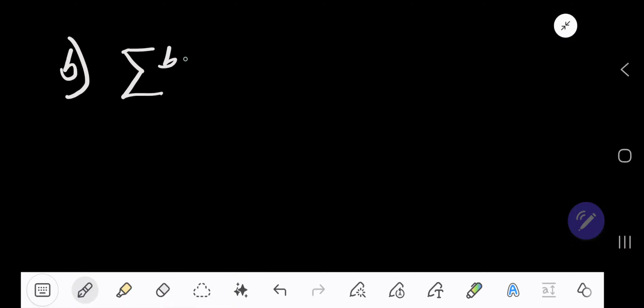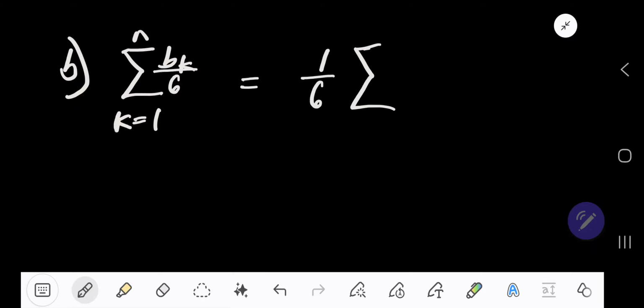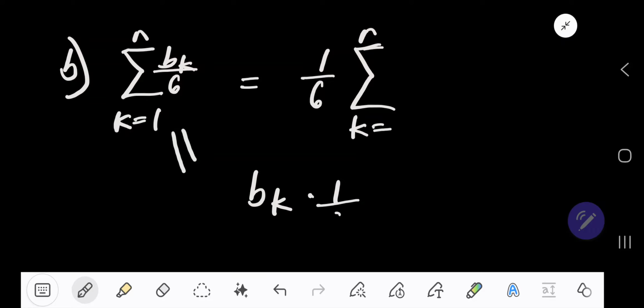Alright, now find the summation of bk over 6 as k equals 1 to n. What would this be? This would be equal to 1 by 6 multiplied by this summation, because this would be equal to bk multiplied by 1 over 6.